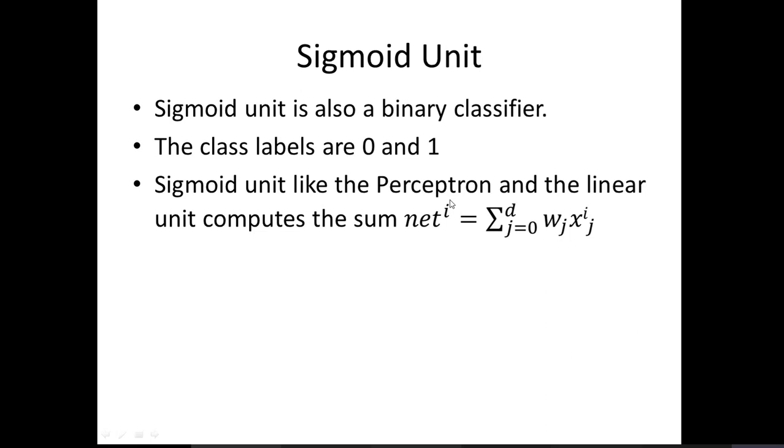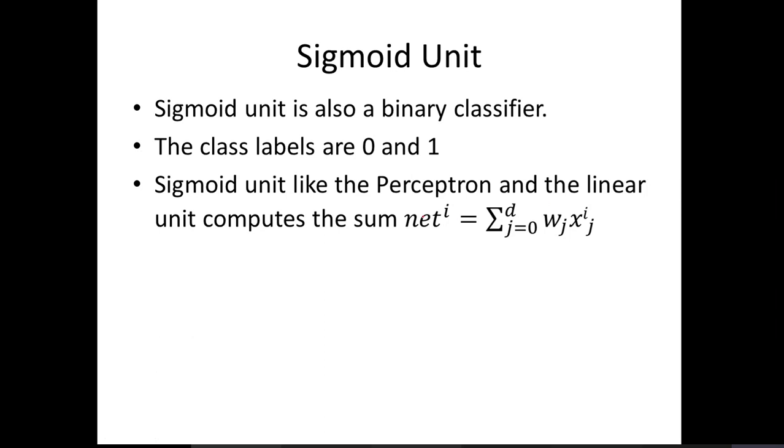And yesterday we have seen the network sum is sigma j equal to 0 to d of wj xj i, meaning the network sum for the ith sample. So if you know which sample you are talking of, then you can conveniently avoid i as well.